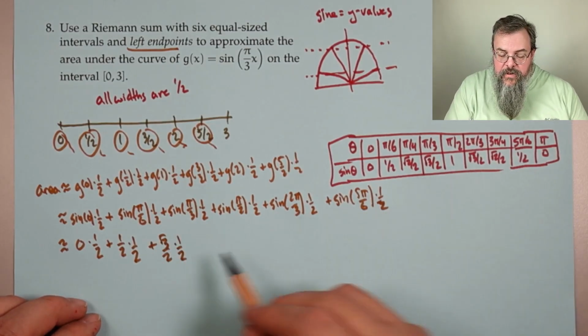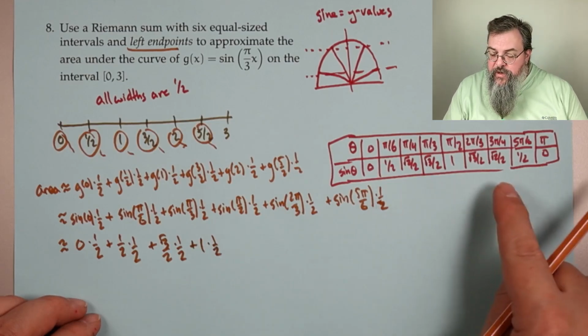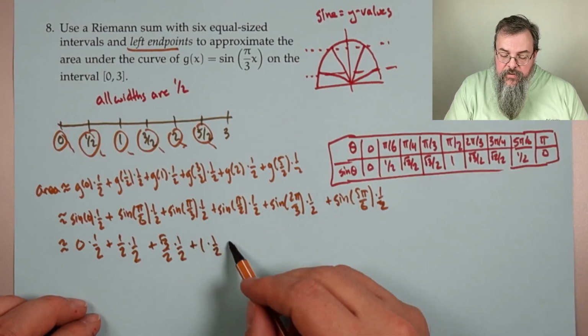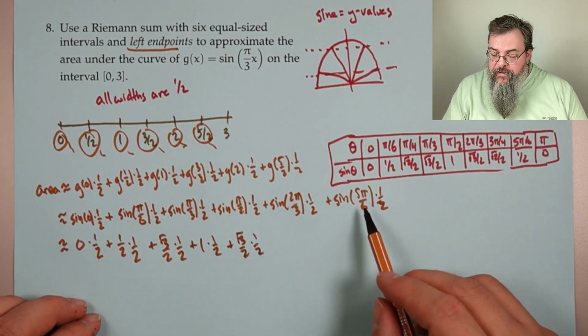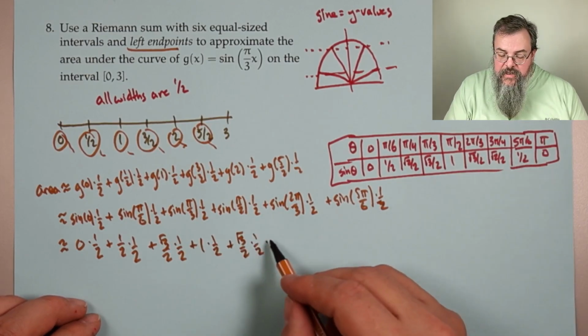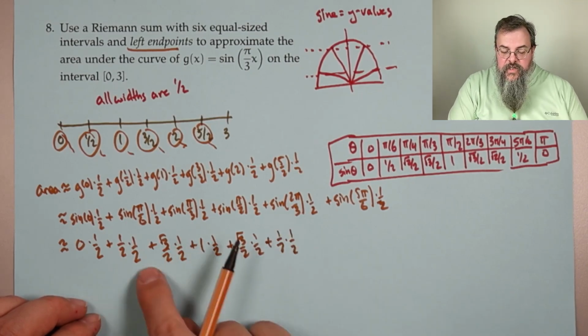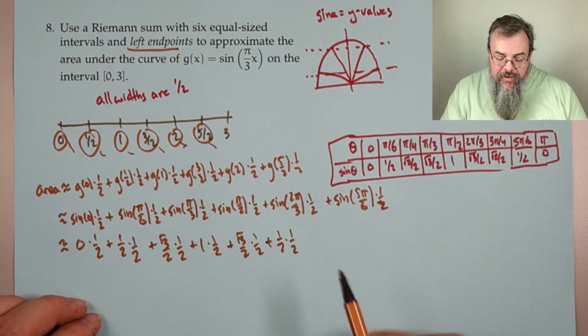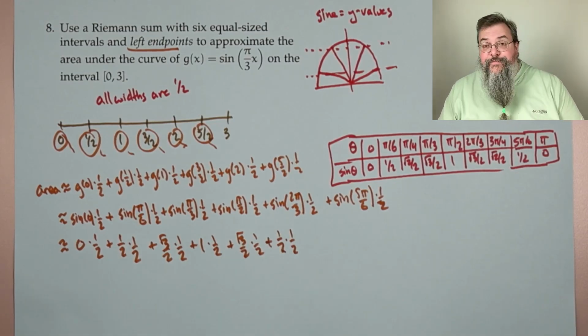Sine of pi over 2 is 1, times a half. Sine of 2 pi over 3 is square root of 3 over 2, times a half. Sine of 5 pi over 6 is a half times a half. All right, let's just check. Okay, we still have 6 terms. That's a good sign. Now, 0 times a half, that's easy, 0.